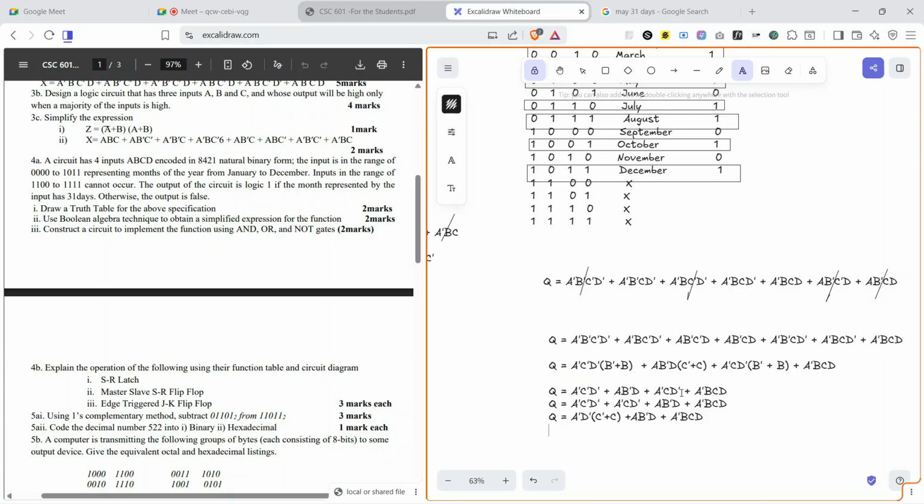So we have A bar D bar plus... what else can we simplify?